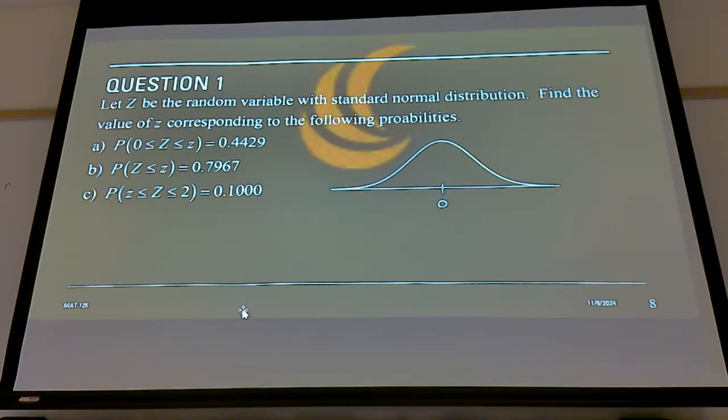For part B, there's a Z. We're looking for that value that makes the total area to the left of it 0.7967.